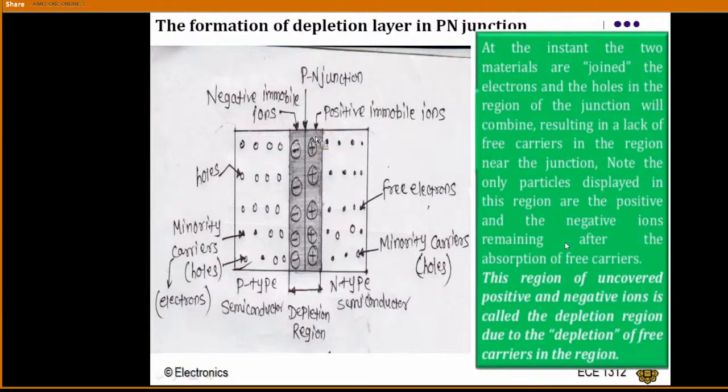Directly they cannot recombine. The electron moves some distance, comes nearer, and they combine. That means the electron moved some distance and the hole moved some distance. Due to the movement of electrons and holes, there is diffusion current. See, this is diffusion current. This is not drift current.